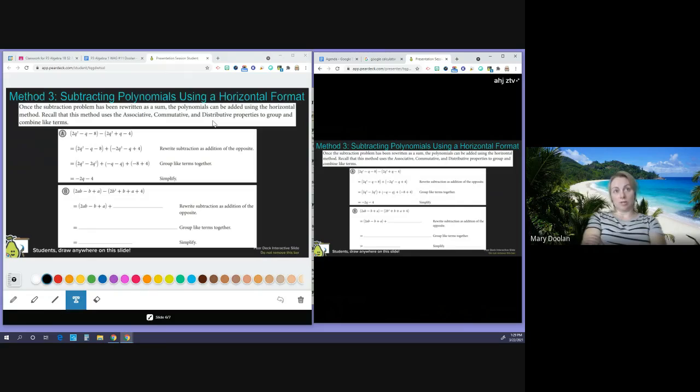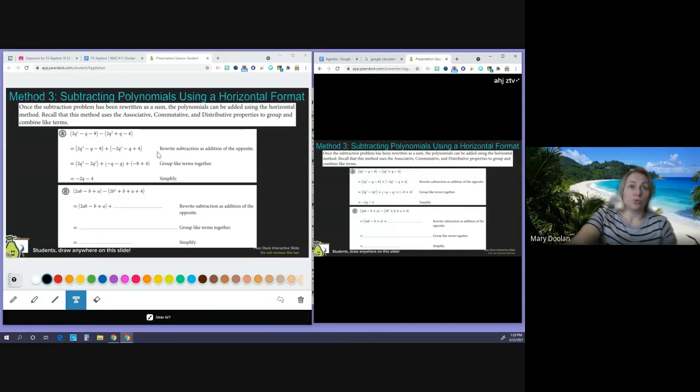Recall that this method uses the associative, commutative, and distributive properties to group and combine like terms. So the reason why we're allowed to do this method is because of these properties here. So we're starting with this trinomial 2q squared minus q minus 8 minus this trinomial 2q squared plus q minus 4. Trinomial subtracting a trinomial.